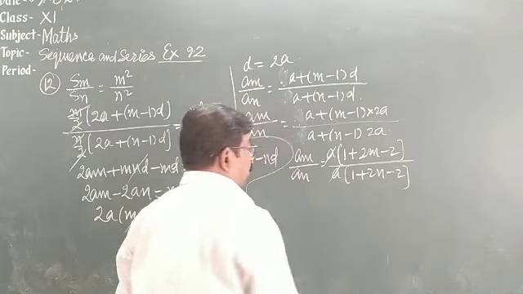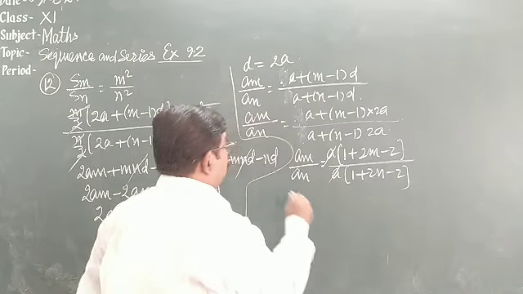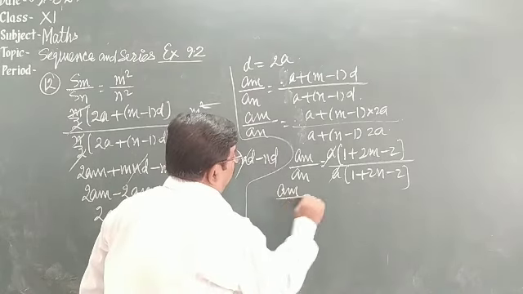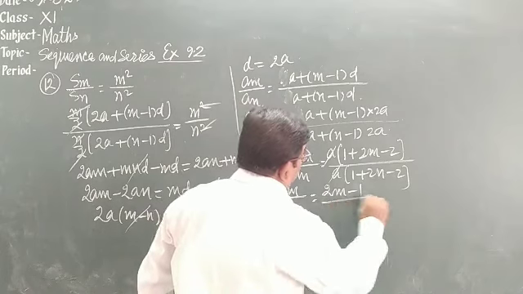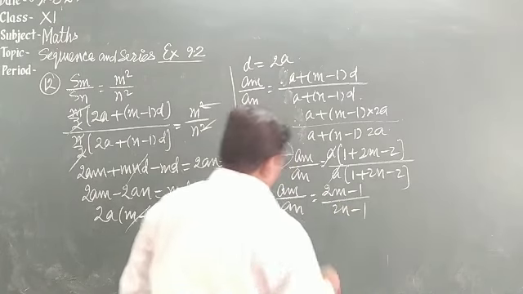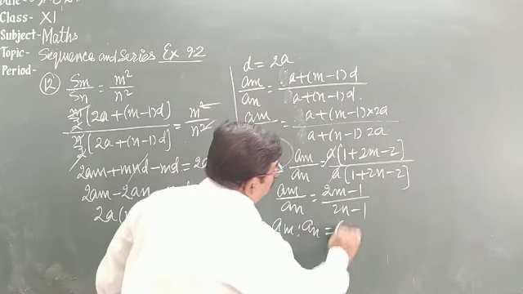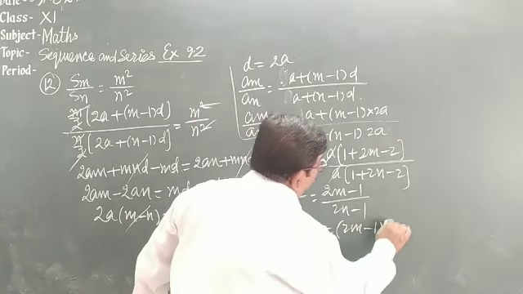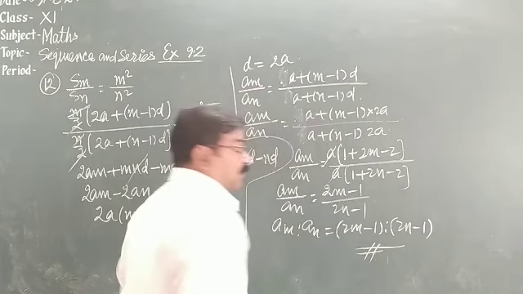This a and a will go. Here minus 2 plus 1 is minus 1, minus 2 plus 1 is minus 1. So we have am upon an is equal to 2m minus 1 upon 2n minus 1. Finally, am is to an is equal to 2m minus 1 is to 2n minus 1. This was to prove in the question.